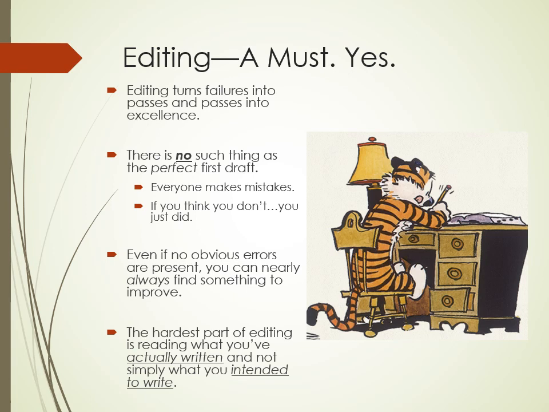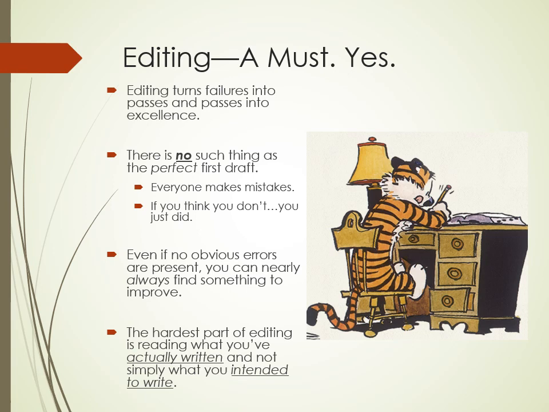There's no limit to what you can do. Even if no obvious errors are present, you can almost always find something you can fix. Every chance you have, every day, whatever you write, however far you've come along as a writer, there's always something you can learn to do better.